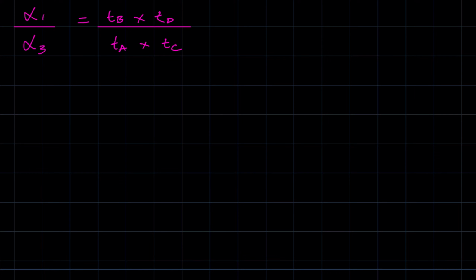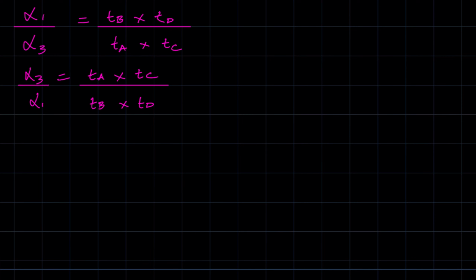Essentially, you just swap the terms around, meaning you take this, put it upstairs, take this, put it downstairs, and you do the same thing this side. Mathematically, that would work out as TA times TC divided by TB times TD, and then this would be the numerator, so you would say divided by that.